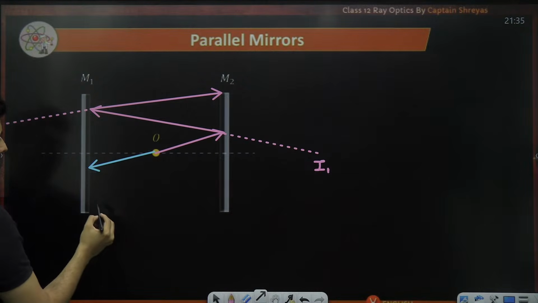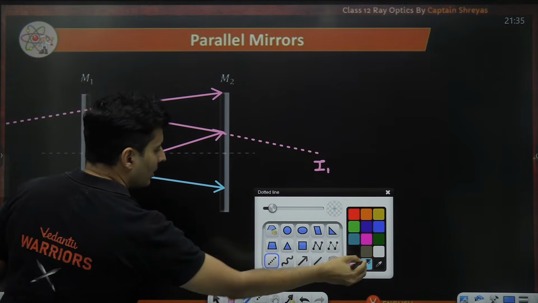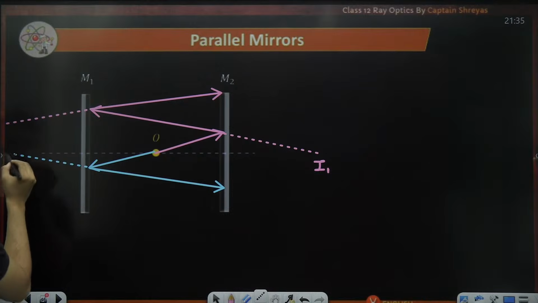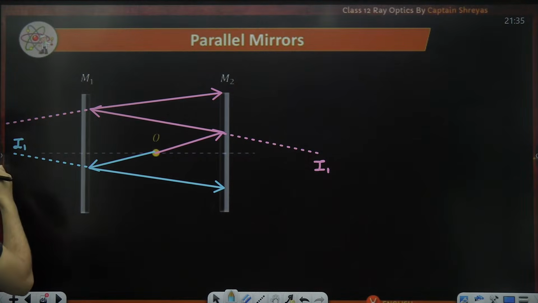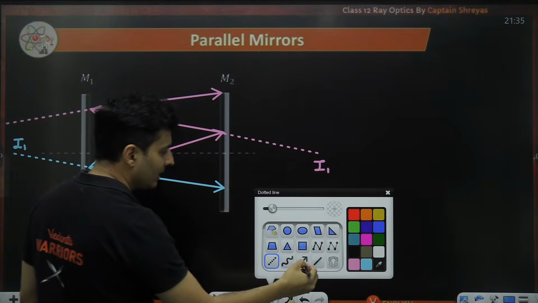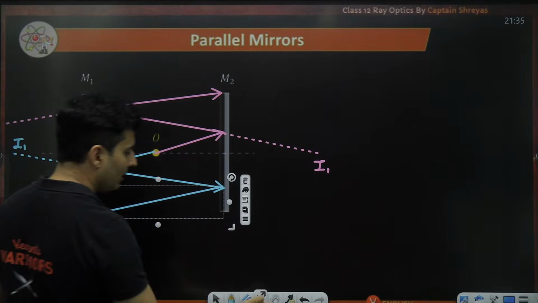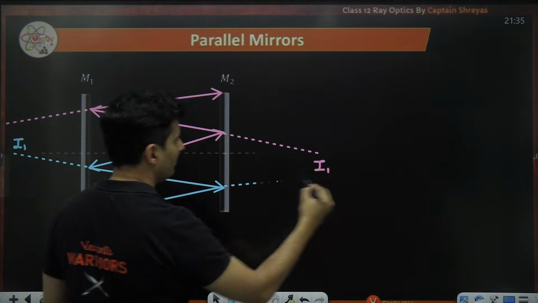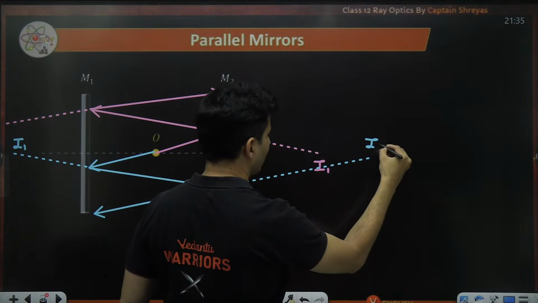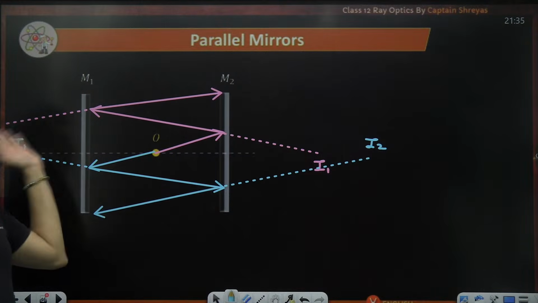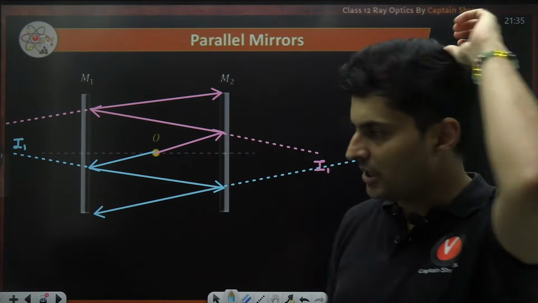If it goes here, it will be reflected like this, maybe. So if you extend it behind over here, this is where you will get the first image on this side. And again, that ray will get reflected here like this. And if you extend it behind over here, maybe you will get the next image over here. So like that, multiple reflections will keep on happening and you will get an infinite number of images.